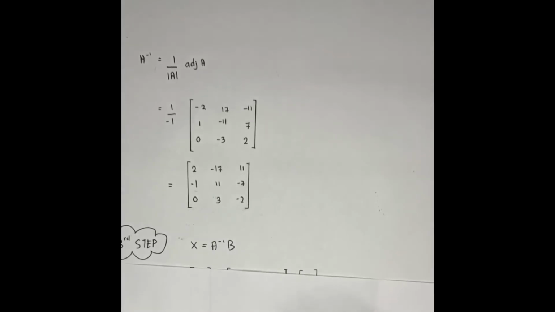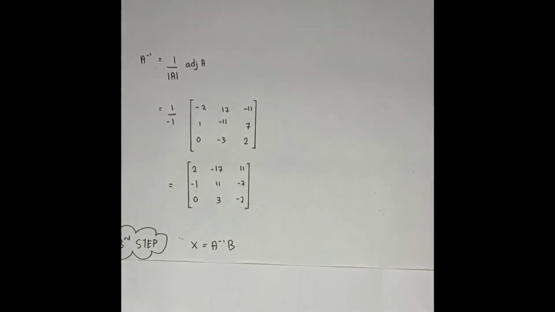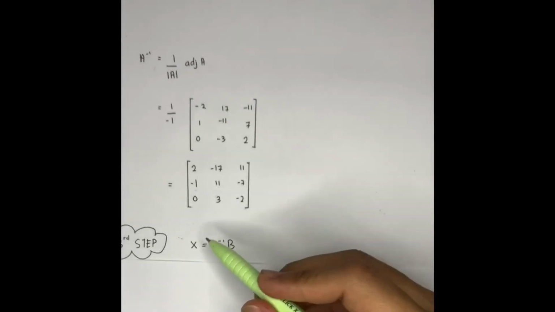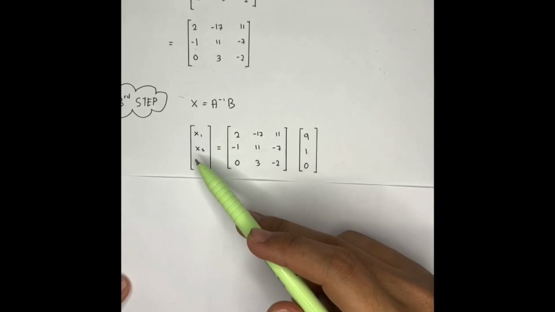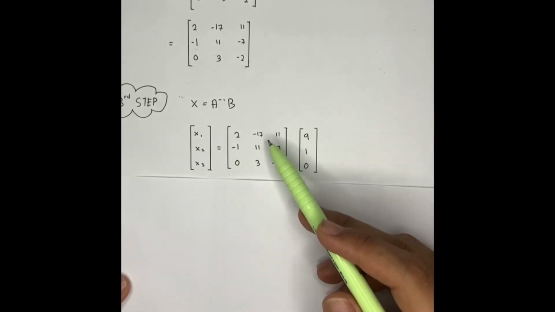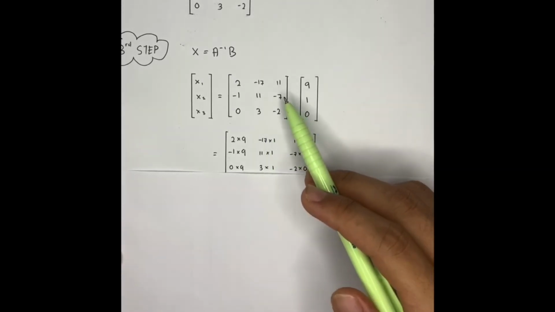Next, we go to the third step, which is x equal to A inverse B. As we did before, we already have the AX equal to B, and then this A will go to the other side and we'll get x equal to A inverse B. So just copy down x equal to A inverse B. This one is the x, this is the A inverse, and this is the B. And then how to do this?